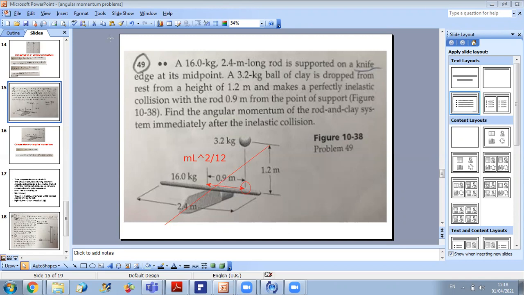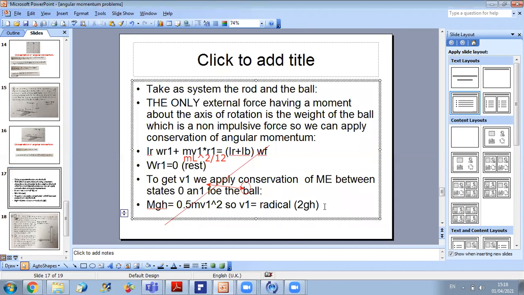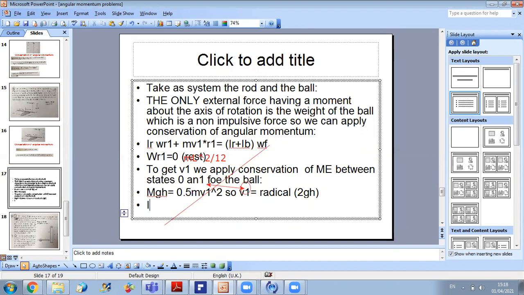So here I will replace now. I will say that the inertia of the rod is mass of the rod. Here we just differentiate between the two masses. I put M ball here, and for the rod it's mass of the rod MR times L square over 12.